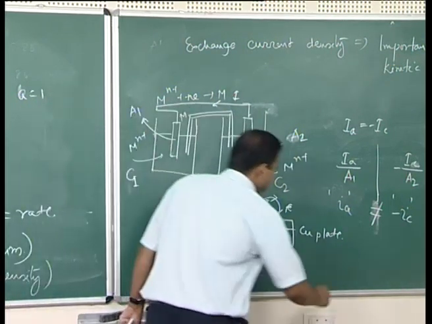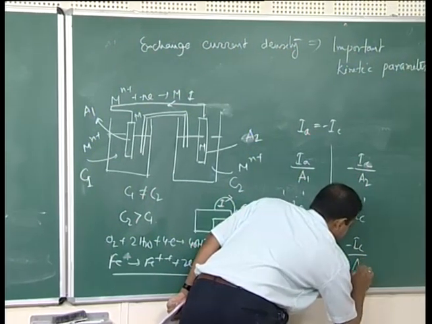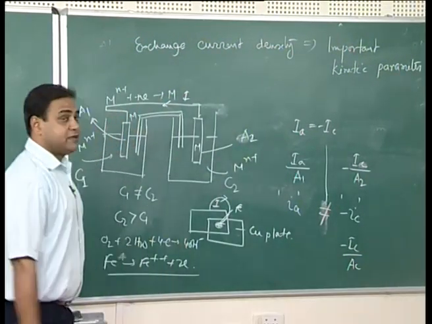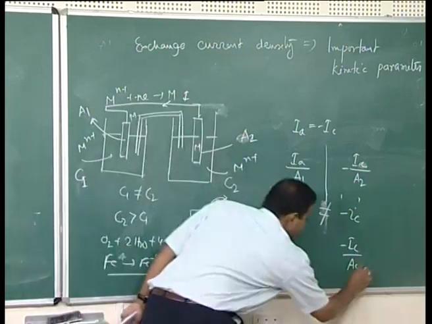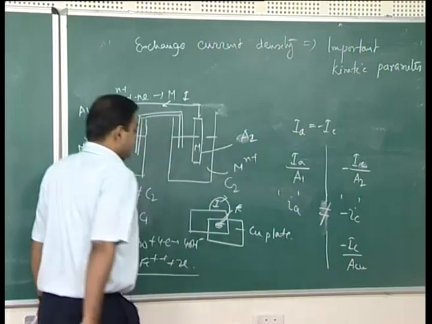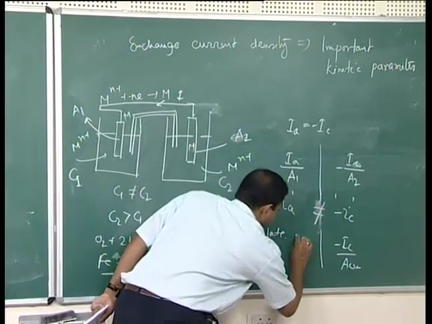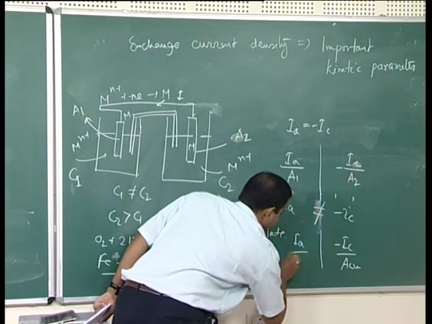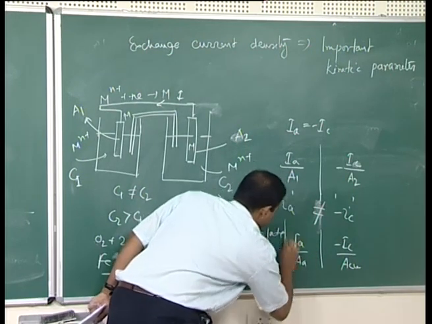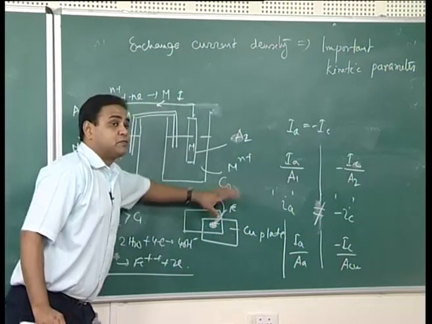IC is I divided by AC, the cathodic area, which is the copper. And for the anodic area, IA is I divided by AA. I is the current flowing in the circuit.